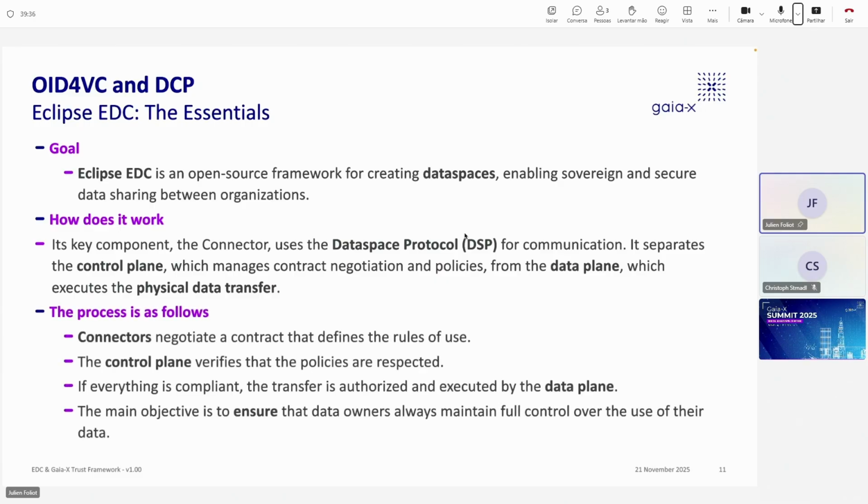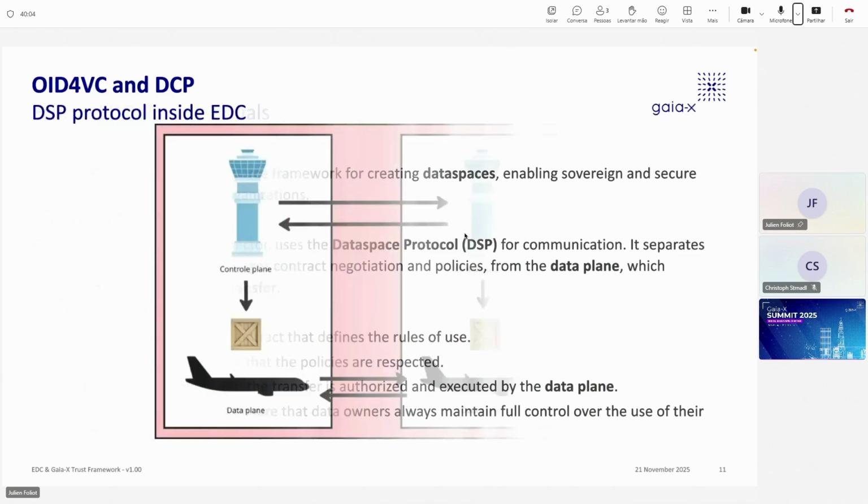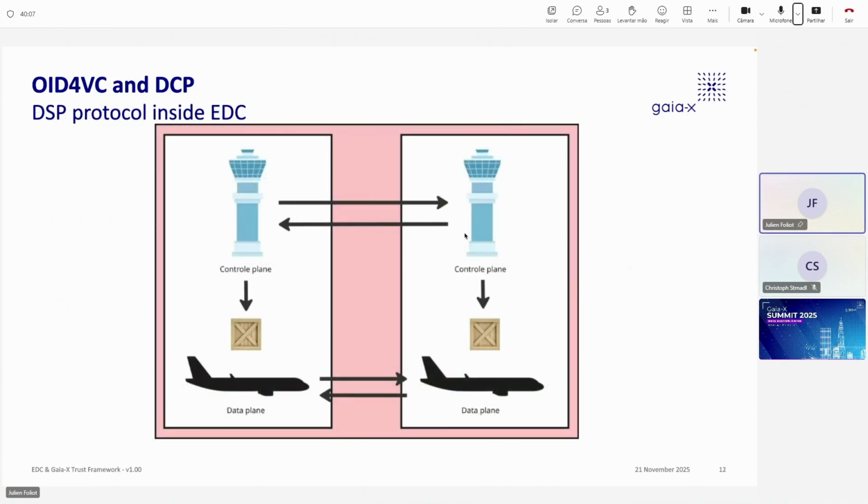In this process, you have the connectors that will negotiate contracts and rules. In the control plane, you will verify the rules and the policies inside. And if everything is okay, then you can exchange your data through the data plane. So the objective is really simple: just to ensure that everything is under control. Here you can see a schema of what I just explained.